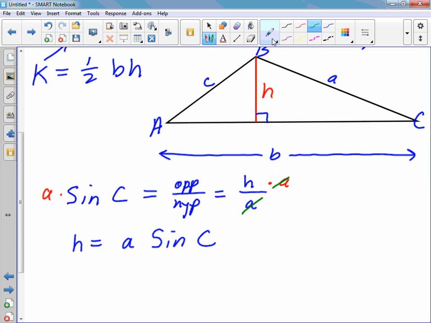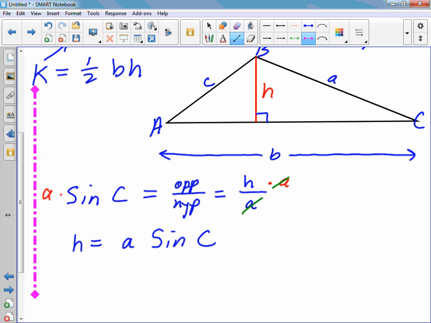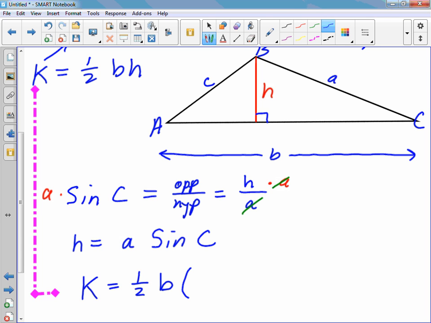Now, give me some kind of mad color. Purple? Or is that fuchsia? Okay, so check this out. Now I can say K equals, is anyone psychic? 1/2 times B times, yeah. I'm going to put that in parentheses so you can see it.